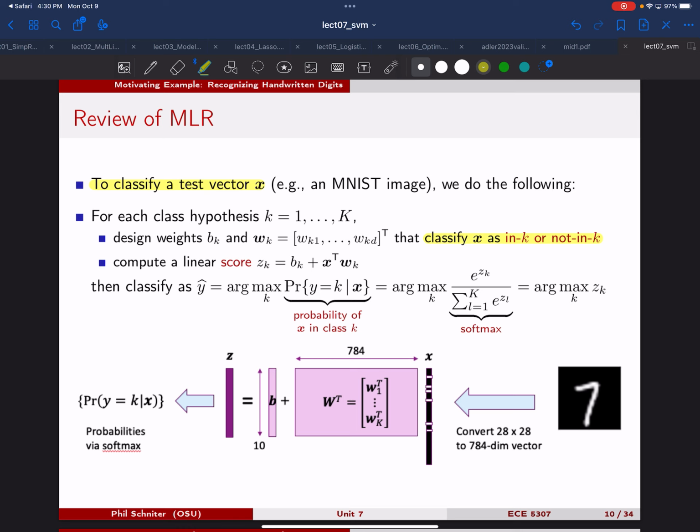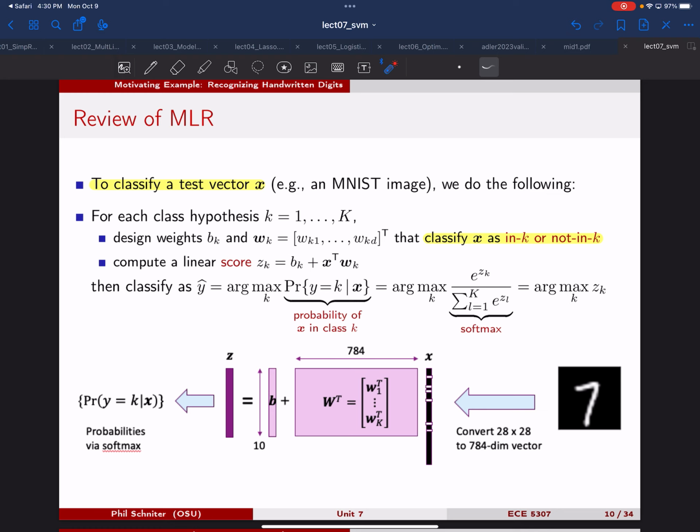So the first row contains the weights for in class 1 or not in class 1. It's that binary decision, binary classification. And here's the bias, the intercept. And then the next row would be the weights or the intercept for is it in class 2 or not, and so on. So we get in class 1, class 2, all the way to in class 0, let's say, would be the last one.